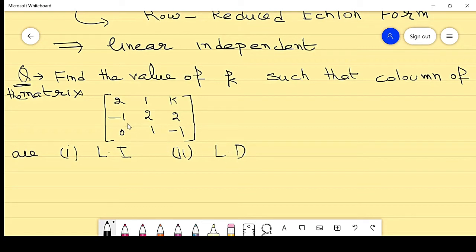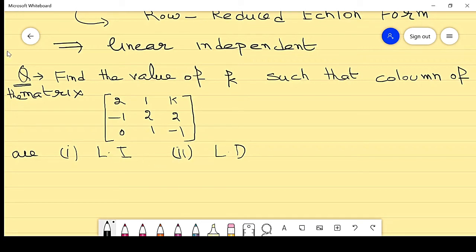So just remember, for linear independent this determinant is non-zero. For linear dependent this determinant is 0. So just remember.